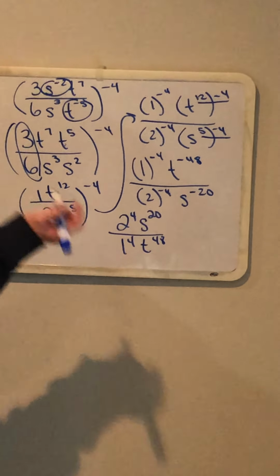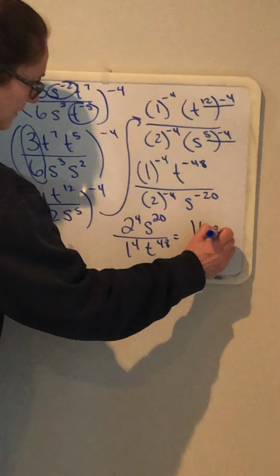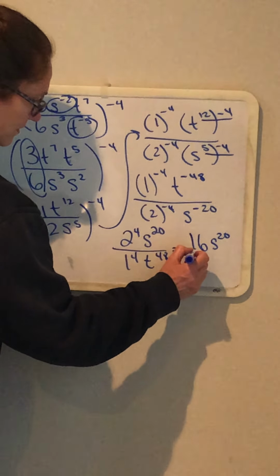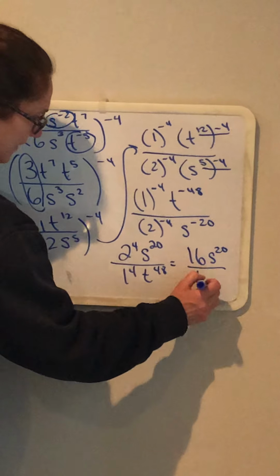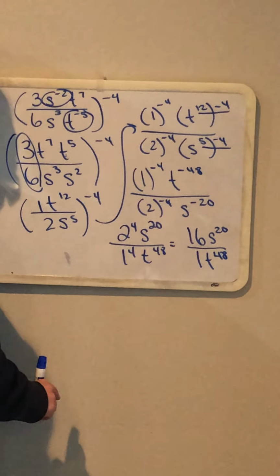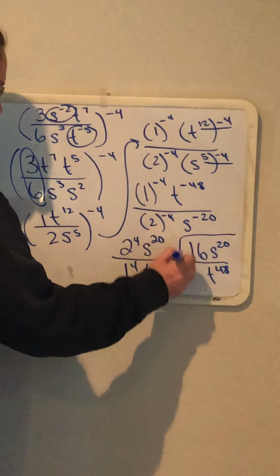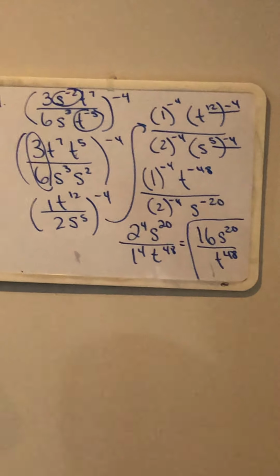If I do 1 to the 4th, I still get a 1. So I end up with 16 s to the 20th over 1 t to the 48th, and your 1 is optional. So if you want, you can take it right out. And there's your final answer for number 11.